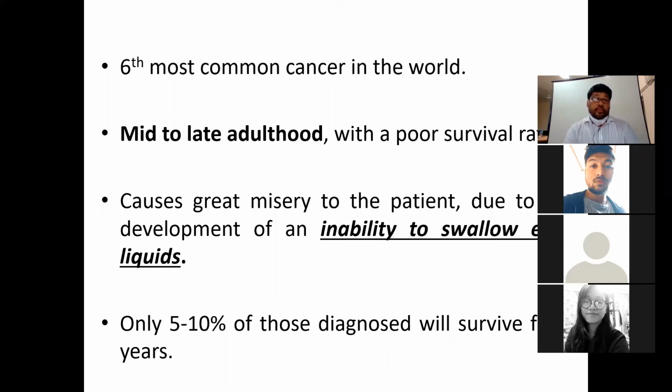It causes great misery to the patient because they are unable to swallow even liquid food. Only 5 to 10% of those diagnosed will survive for 5 years. That is the survival rate, because they mostly present very late.